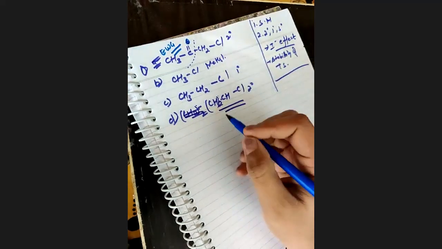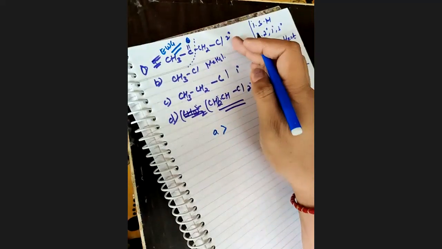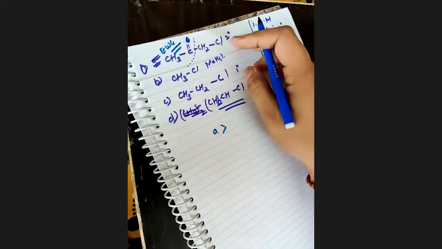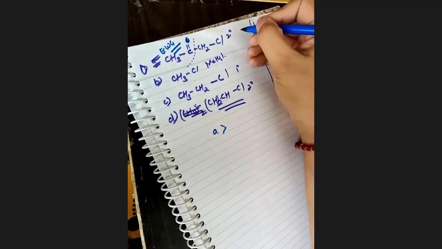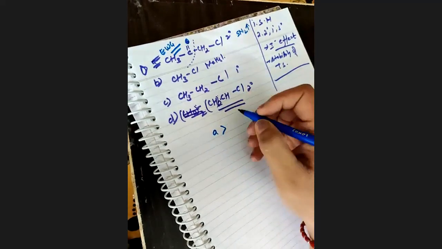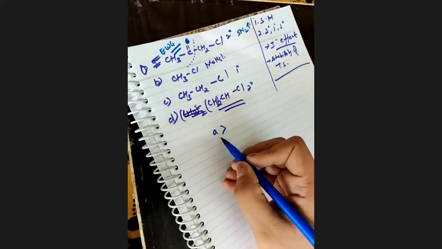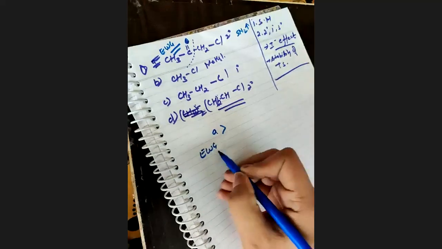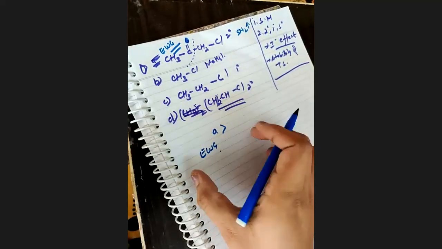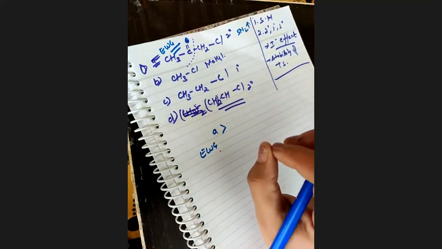So your arrangement will be A first. If you have a strong electron withdrawing group, it means less SN1, that is, more SN2 reaction. After that, we know which comes next: methyl. So first we consider the electron withdrawing group; if we have a strong electron withdrawing group, it takes first priority.